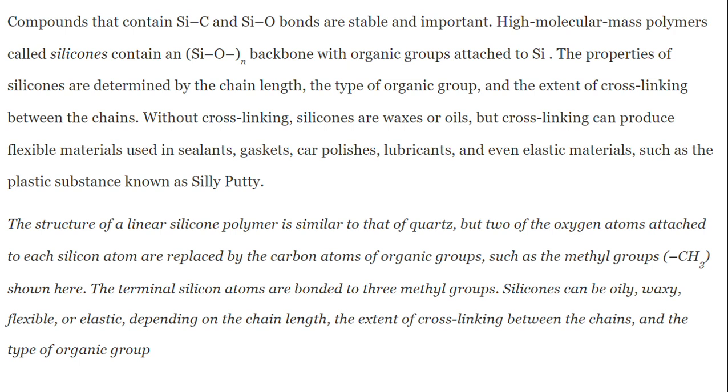Silicones can be oily, waxy, flexible, or elastic. So many properties are adapted by the silicone depending on the chain length, extent of cross-linking between the chains, and the type of organic group. So we now will see the figure in which oxygen atoms are replaced by the carbon atoms of the organic groups, the methyl groups.